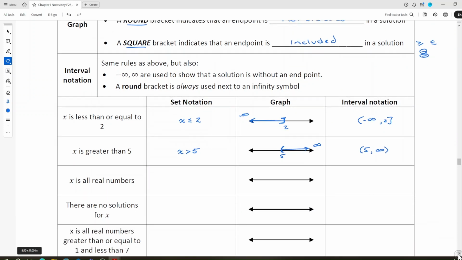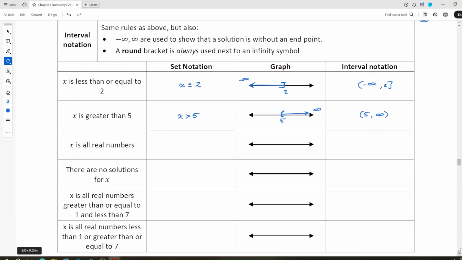We're going to go through 4 more examples, not necessarily for today's lesson, although the next 2 are for today's lesson, but to prepare us for tomorrow's lesson as well. By tomorrow, meaning 1.6. So the first one is x is all real numbers. Now, we talked about this when we got the solution to an identity in 1.1.